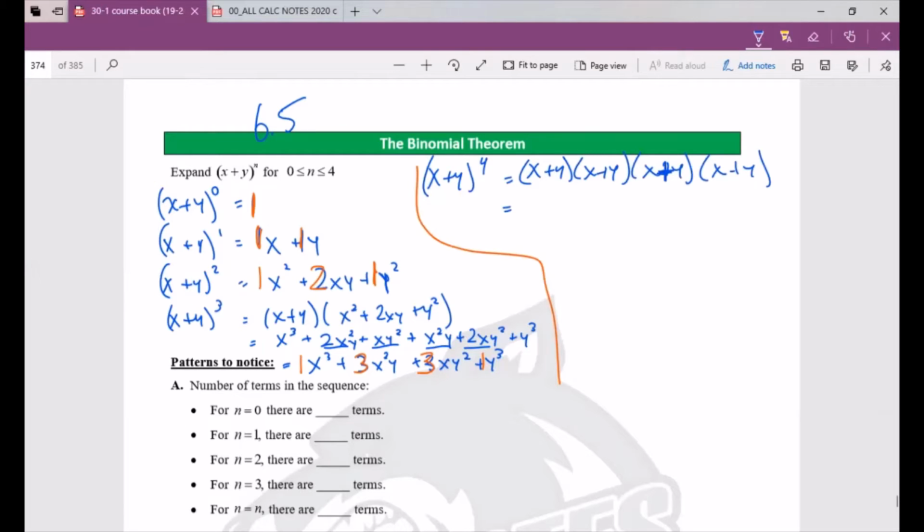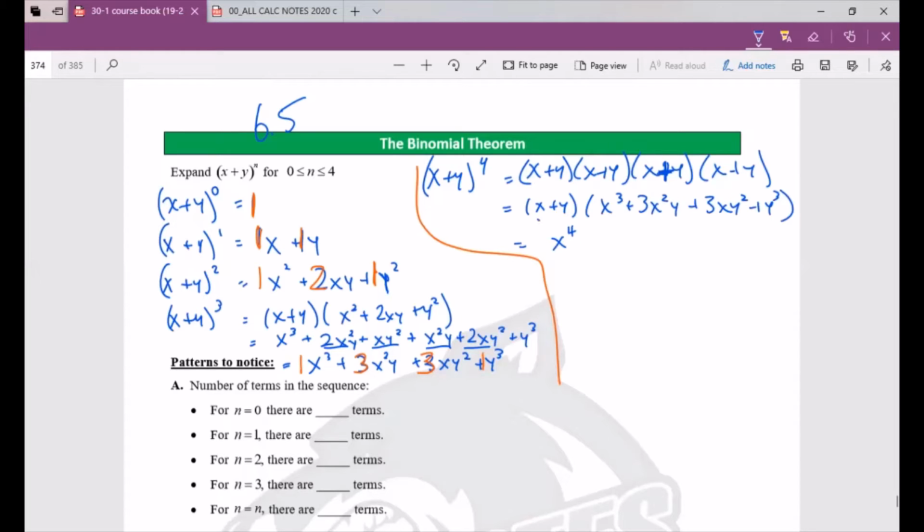And if I want to use what I just found in the cube, it's just going to be x plus y times x cubed plus 3x squared y plus 3xy squared plus y cubed. So let's use what we already have built here, and now let's just multiply this by x plus y. And if I do that, there's going to be one approach to organize our thoughts that is going to be helpful here. This ends up being x to the 4.